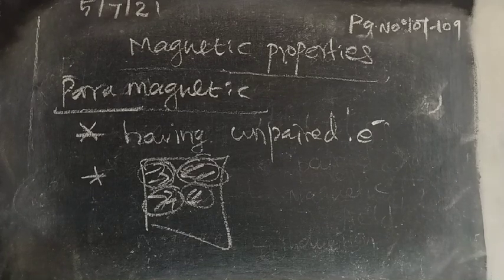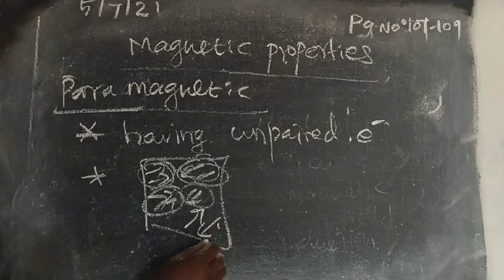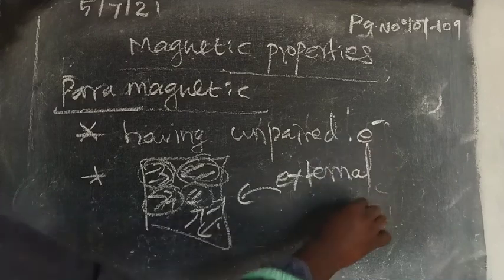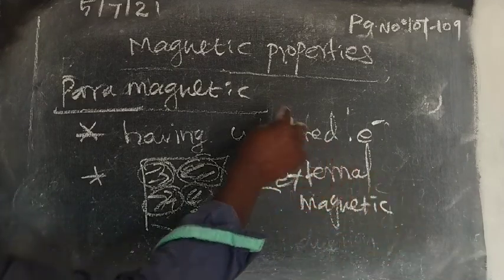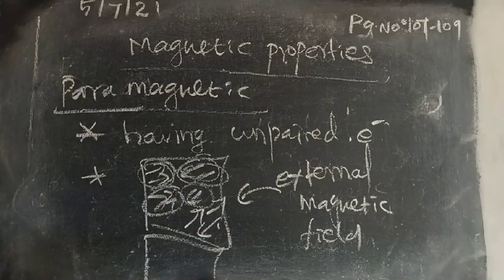In the absence of a magnetic field, the dipoles are arranged randomly, in various directions. But if you apply an external magnetic field, due to the unpaired electrons, all of them align towards the applied magnetic field.